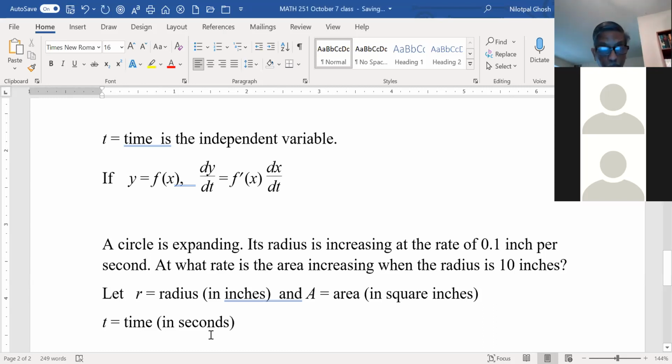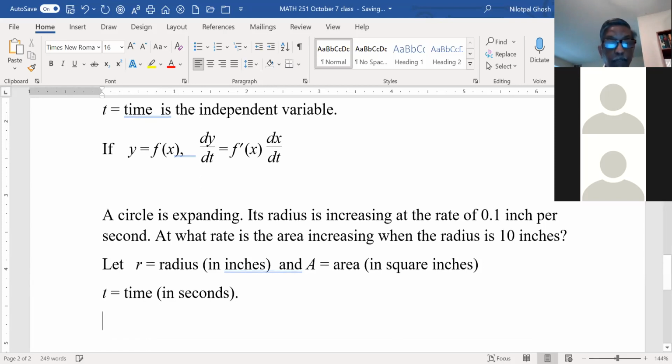With that, the first order of business would be to get a relationship between your primary variables. Primary variables in this case are R and A. Sometimes you have to introduce intermediate variables like some angle theta or some other thing, just to get the relationship between A and R.